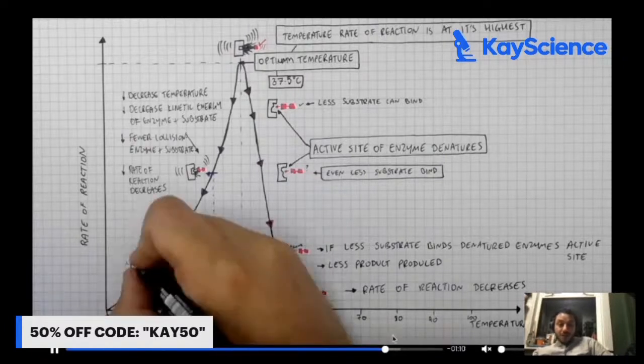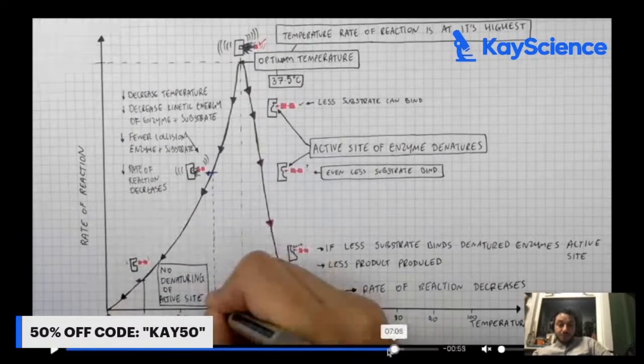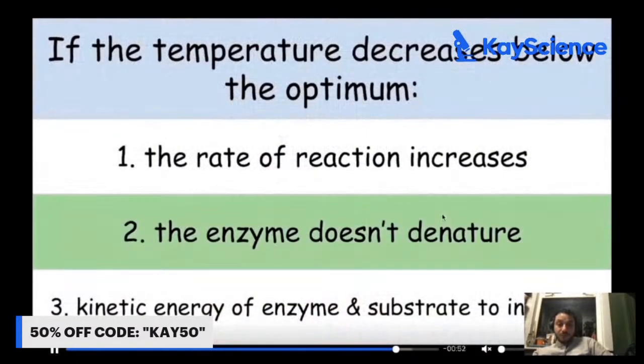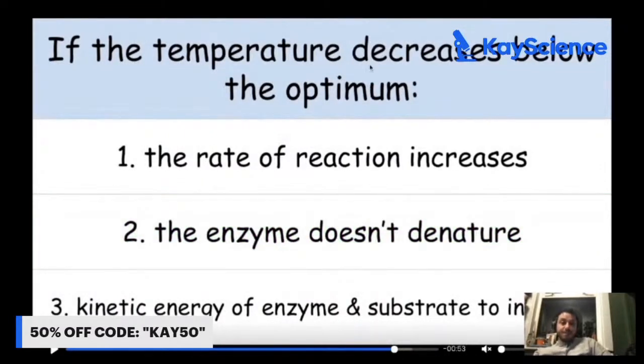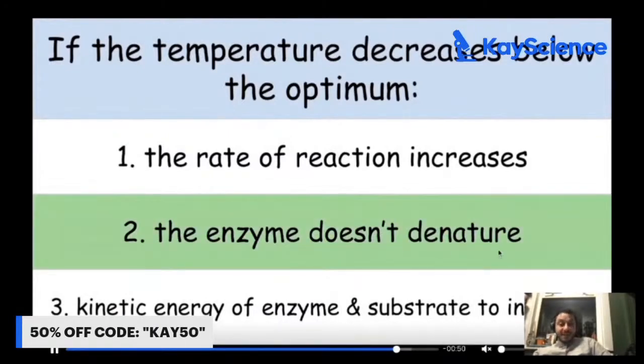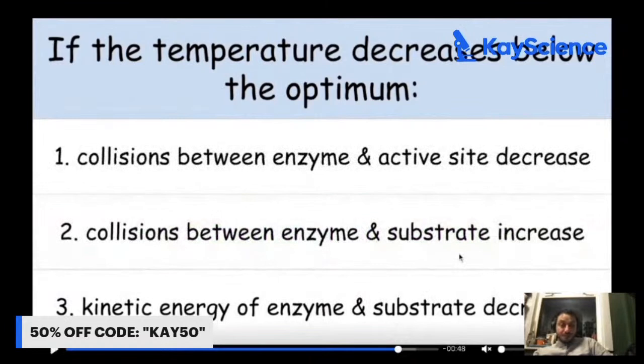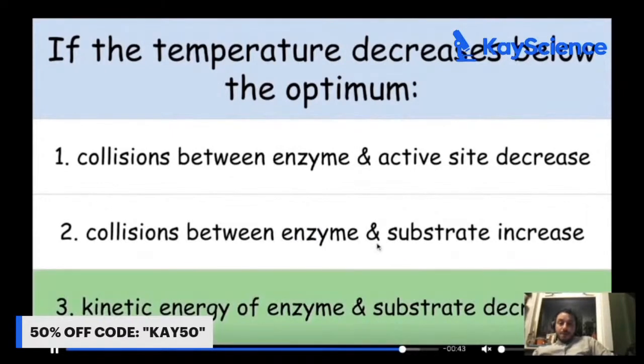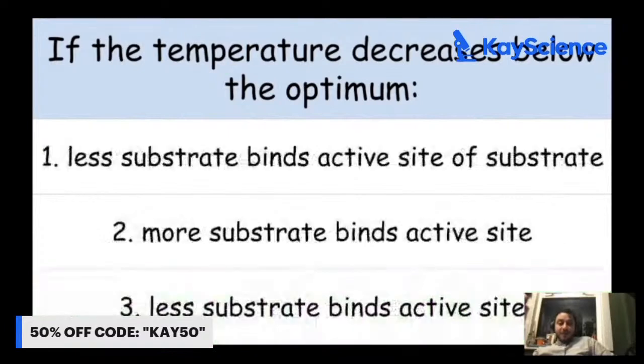So let's look at question time. Oops, that was a bit too fast. Let's go back. If the temperature decreases below the optimum, the enzyme doesn't denature. That's so vital. If the temperature decreases below the optimum, the kinetic energy of the enzyme and substrate decreases.